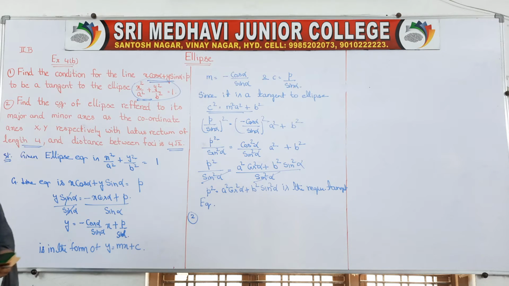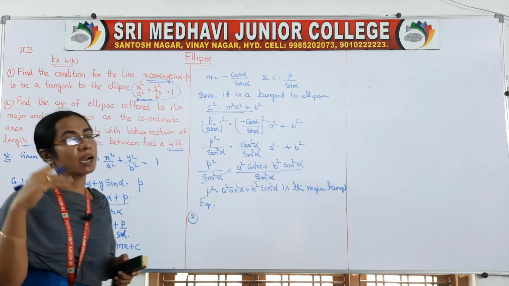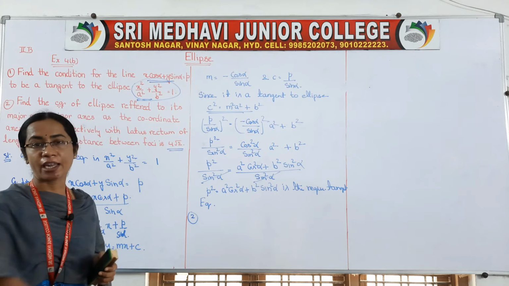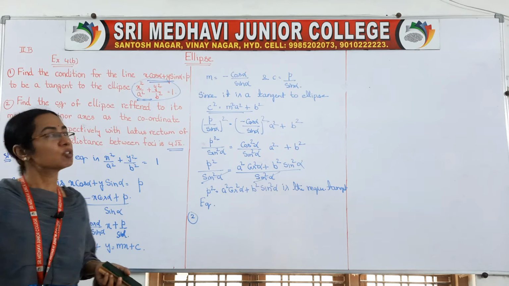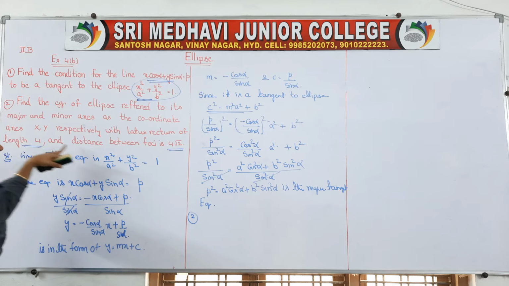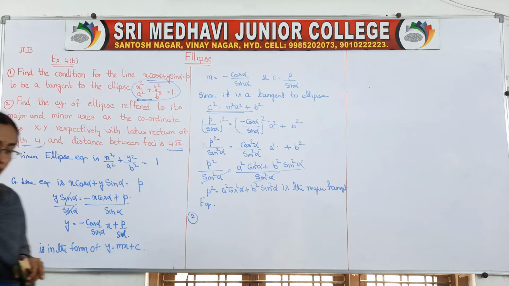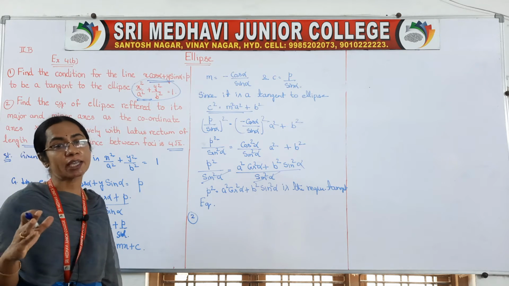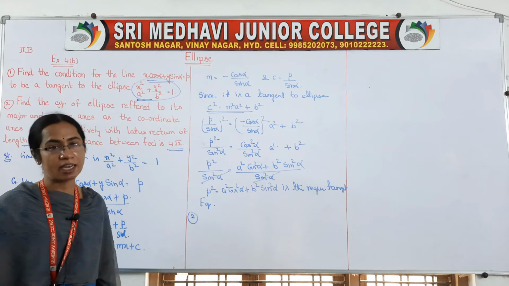So, it is given that our ellipse's major axis is the x axis and minor axis is the y axis, that is nothing but our standard ellipse equation where a is greater than b. The length of the latus rectum is given as 4 and the distance between foci is given as 4 root 2. With these two conditions we have to find the equation of the ellipse.